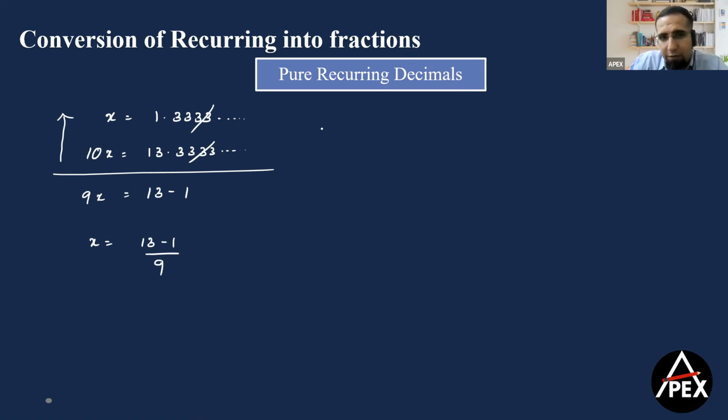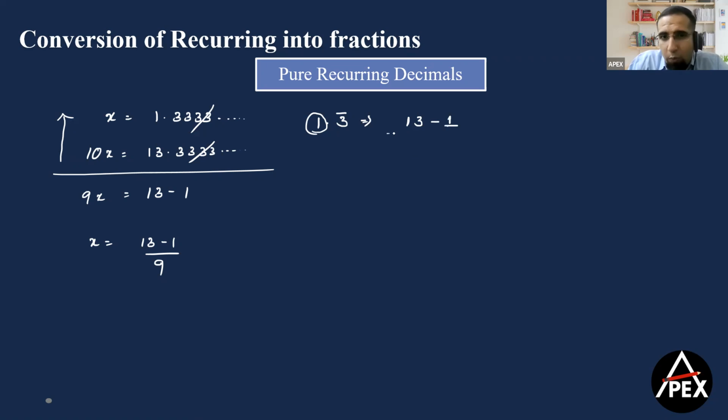Okay, now let's simplify. The simplified form is, since I have 1.3 bar, I am writing the complete number once without repetition and without decimal. Clear? Now I will subtract the portion that is not repeating. So what is not repeating here? 1 is not repeating. So I'll subtract 1 from here.